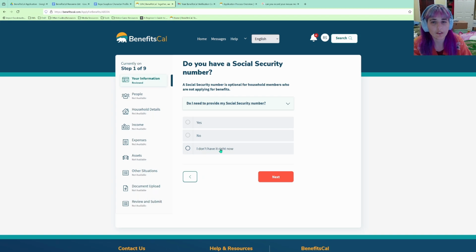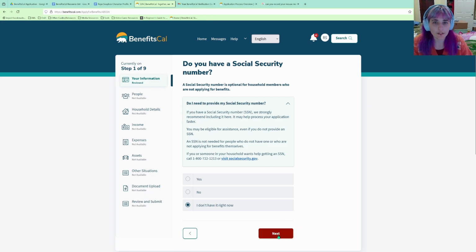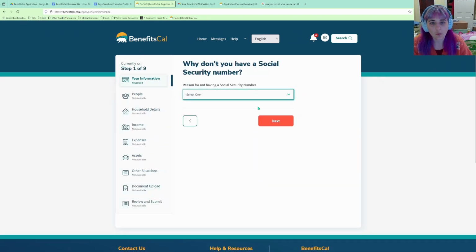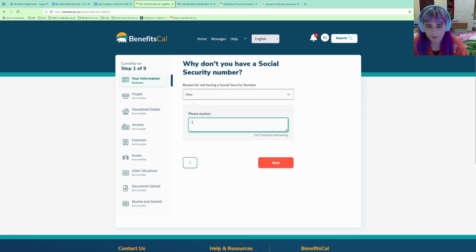I would generally advise, if you have one, to put it in now because, again, it can help with some of the verification process and help speed up your application a little bit sometimes. And I'm going to say I don't have mine right now. And it'll ask why I don't have one. And I'm going to say don't have it with me right now.